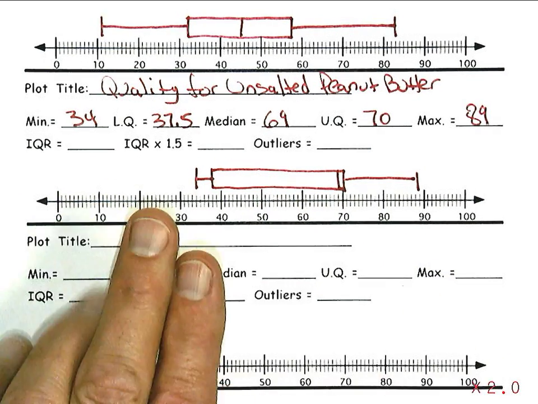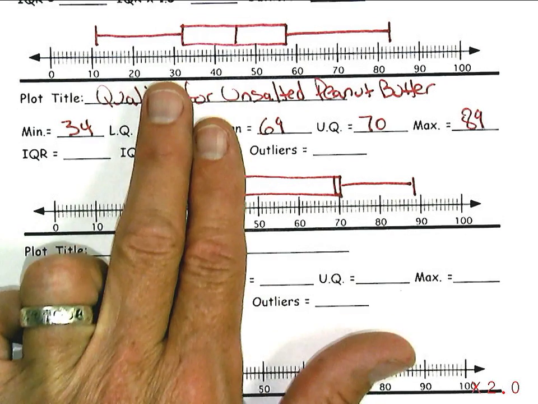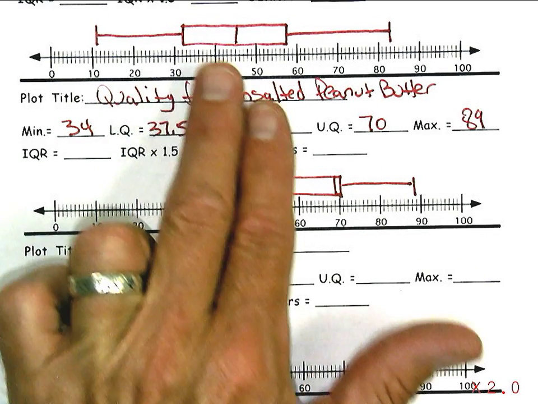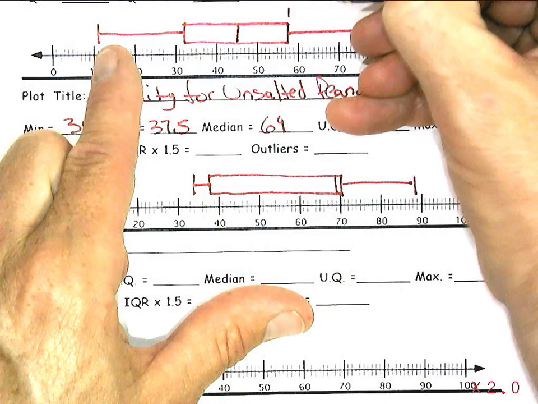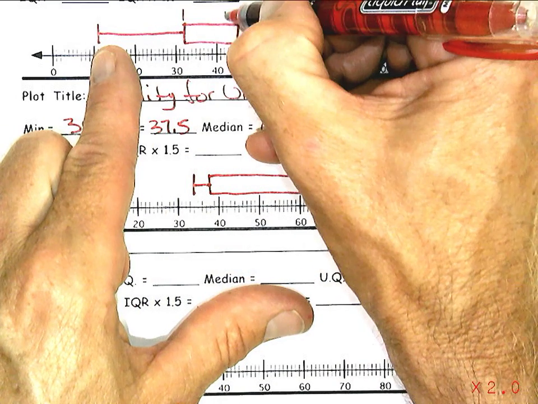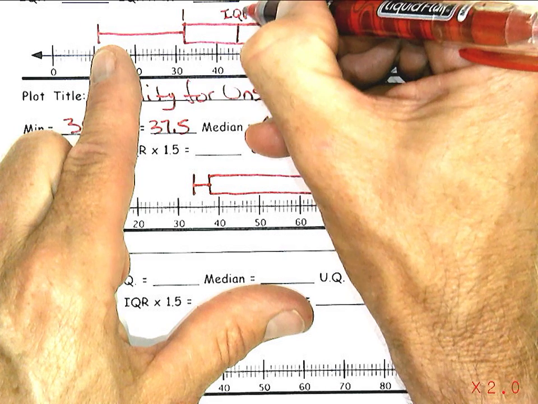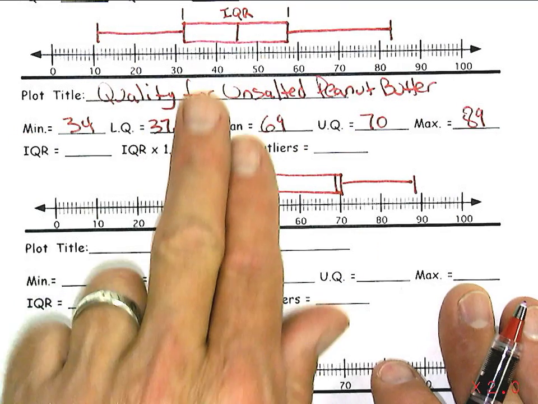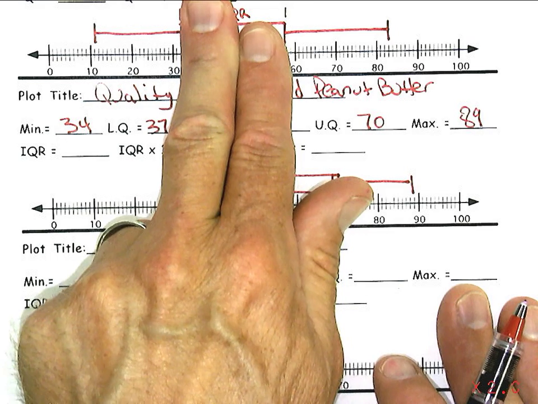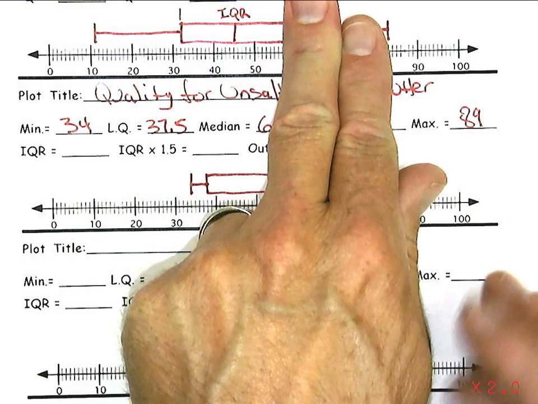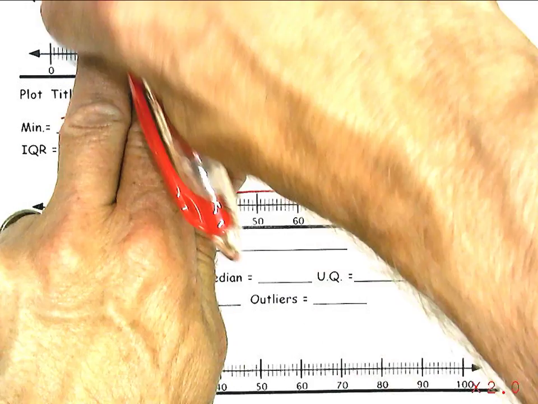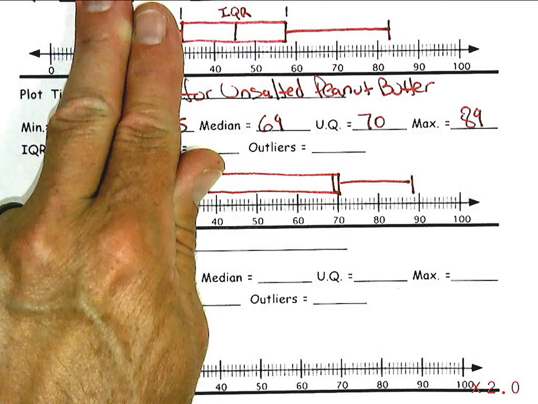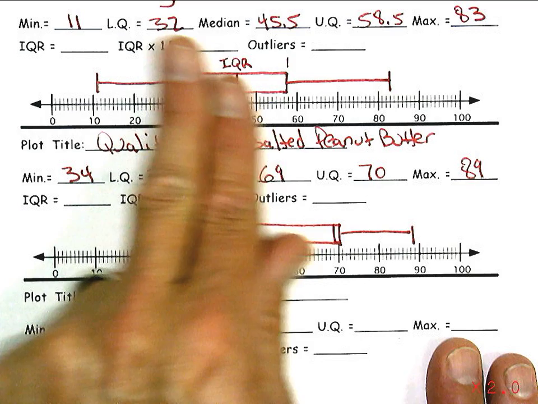Now, the rule with outliers is 1.5 boxes. This is the IQR, interquartile range, from here to here. That's my IQR. And I can just take a look and see, is there anything that's 1.5 beyond that? It doesn't look like it, so I don't think there's any outliers in this set.